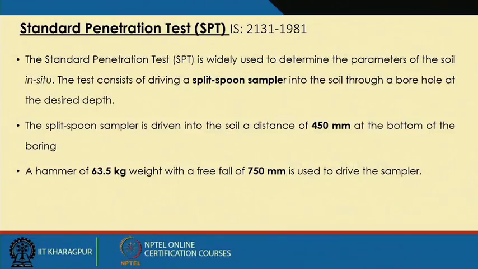I am describing this method as per IS 2131 1981. Basically, we are driving a split spoon sampler into the soil up to 450 millimeter in 3 stages, 150 millimeter, 150 millimeter and 150 millimeter, with a hammer blow of weight 63.5 kg and a free fall of 750 millimeter.